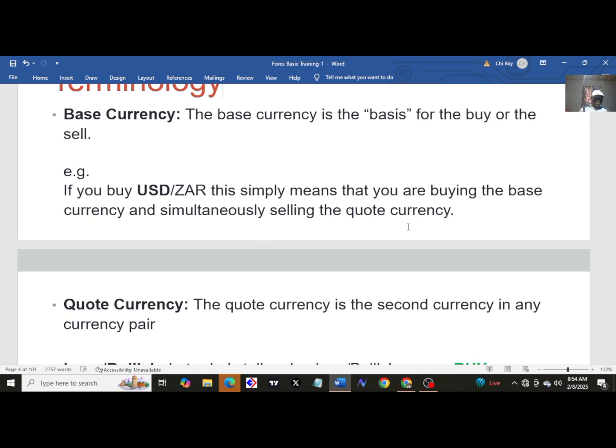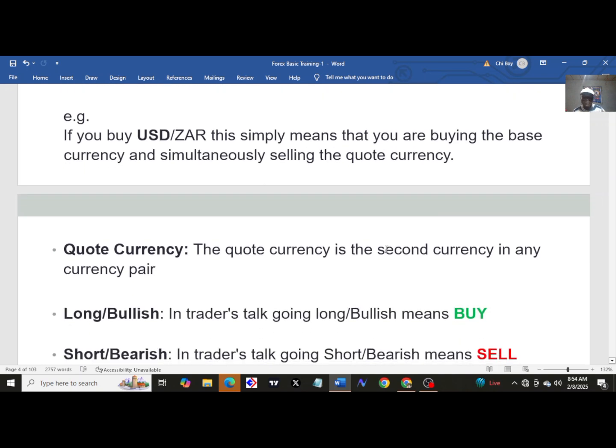It means that as you are doing this one, the other one is also happening simultaneously. That is it. If you are buying the base currency, you are automatically selling the quote currency. If you are buying the quote currency, you are automatically selling the base currency. That is that about that.